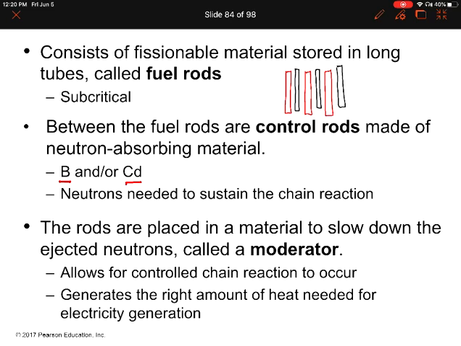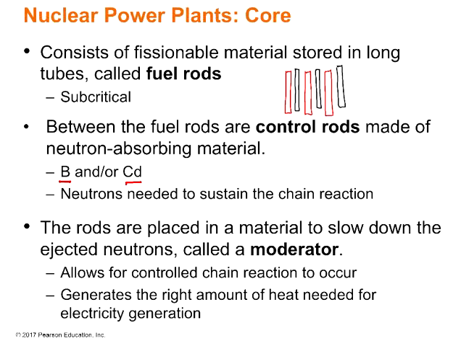So this is a very controlled environment, which is good because remember, fission events produce a lot of energy, which can be dangerous. Okay, so again, those control rods allow for a controlled chain reaction to occur. So then we generate the right amount of heat needed for electricity generation.